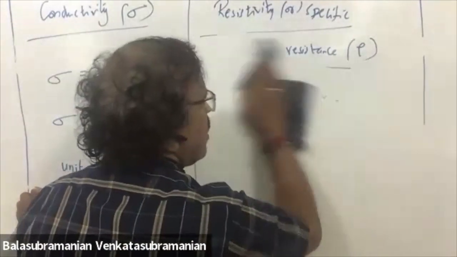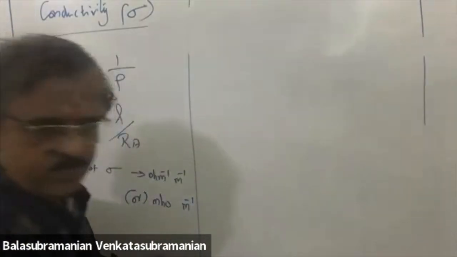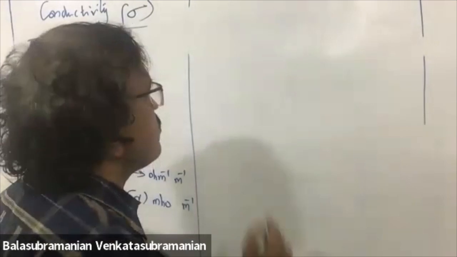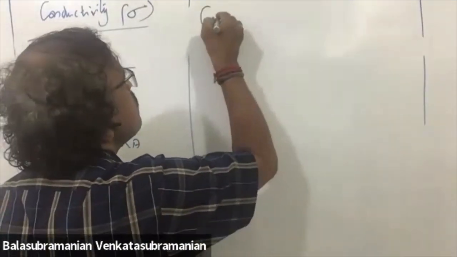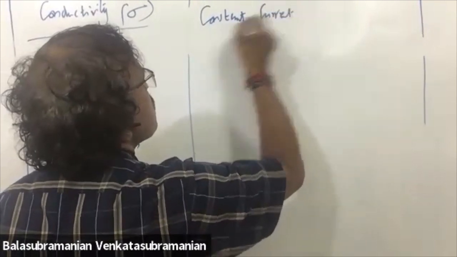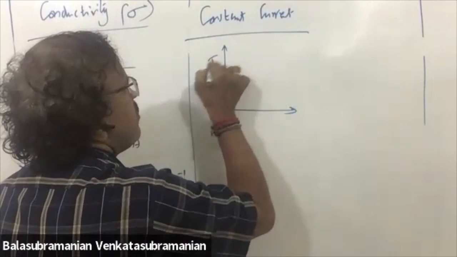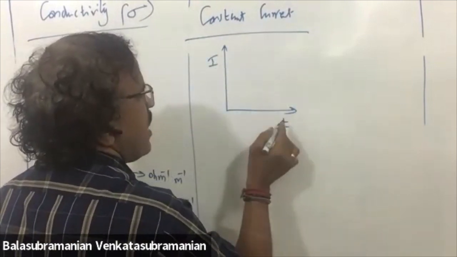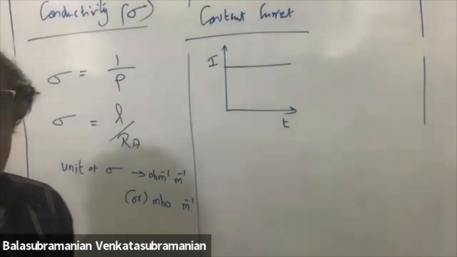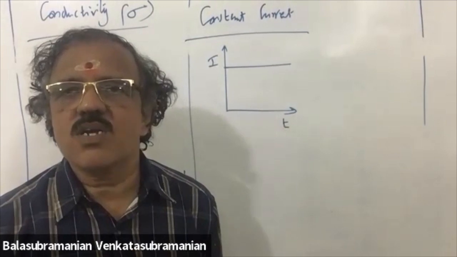When you draw a graph, constant current, variable current. Constant current means when you draw the graph of time versus current, as time increases, current remains constant. This is called constant current.